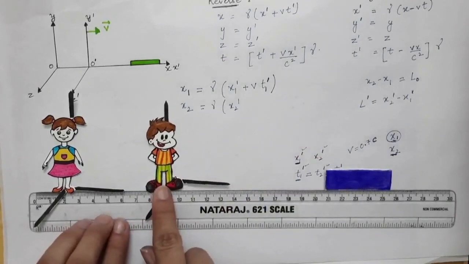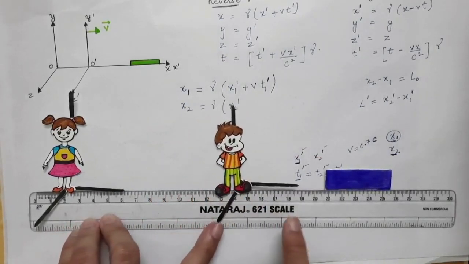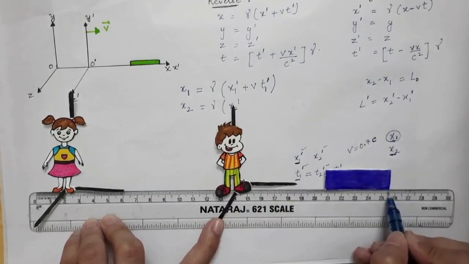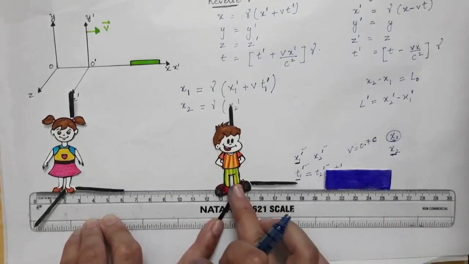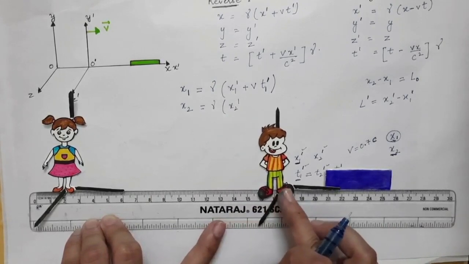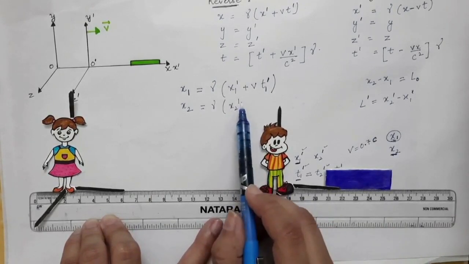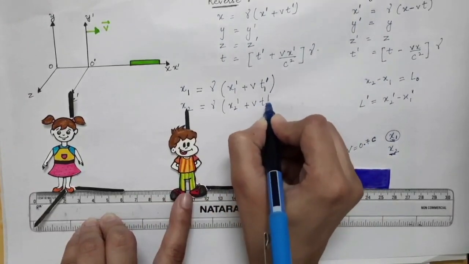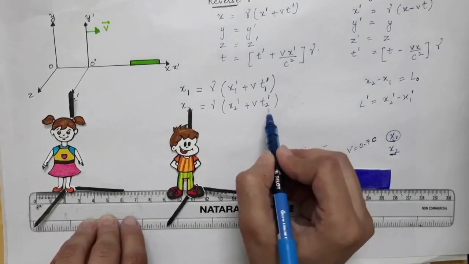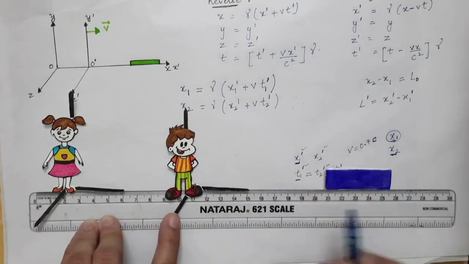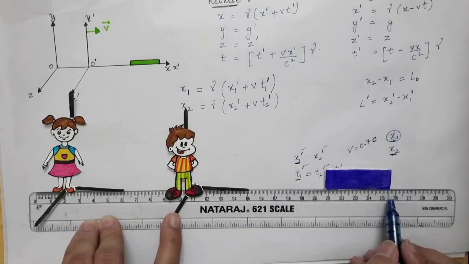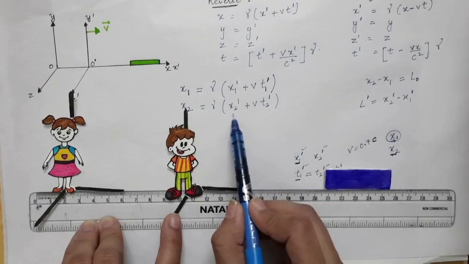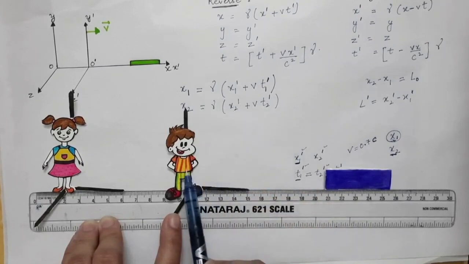Since your friend is moving in this direction, x2 prime, the x coordinate of this point with respect to friend, will be changing with time. So t2 prime is the time at which the second coordinate x2 prime is measured with respect to your friend.